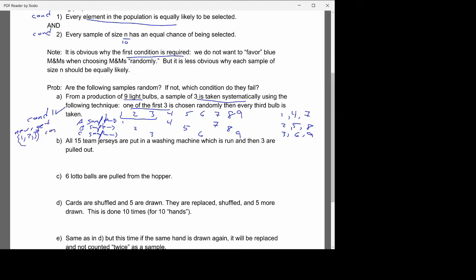So it fails condition 2. So it's not a simple random sample.